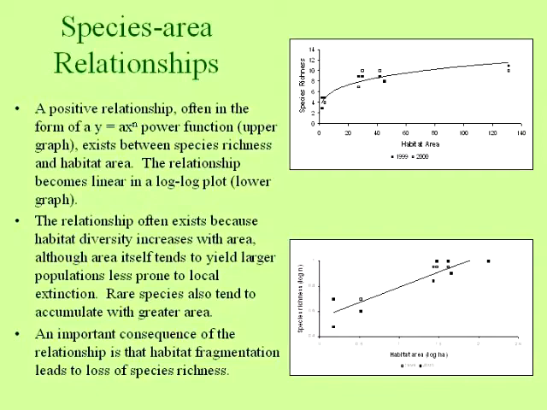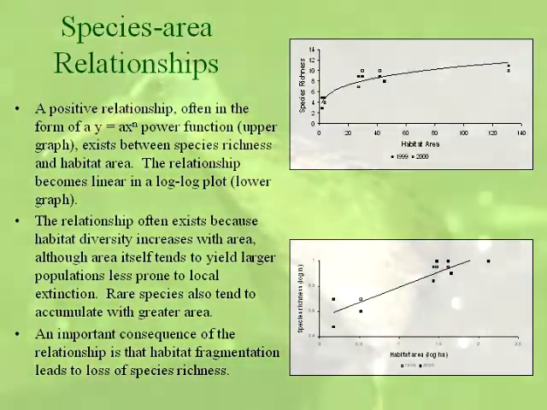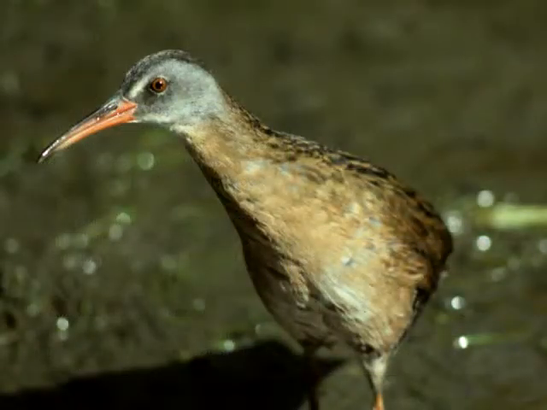And there's also another phenomenon to consider. If we go back to our last program and our discussion of the Virginia rail and the marsh wren, certain species seem to have some innate sense of what a habitat should look like in terms of how big it is before they recognize it as being a suitable habitat.